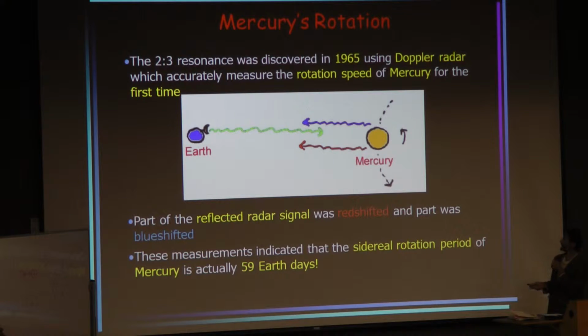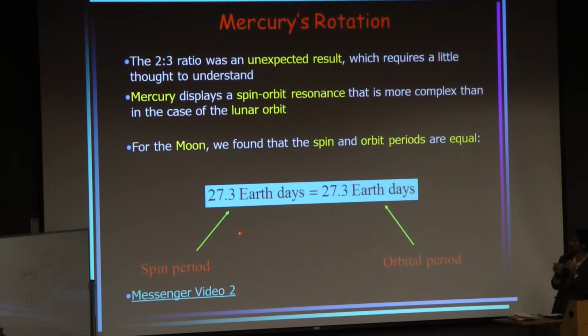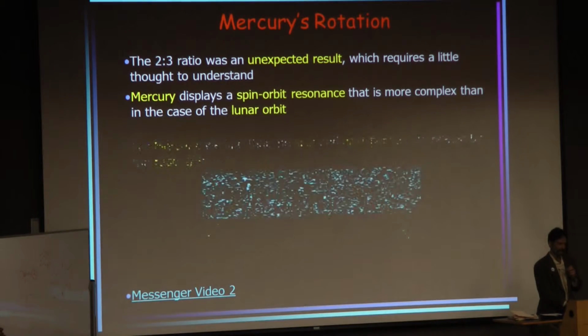What we find is that instead of having a sidereal rotation period equal to 88 days, which would be the year on Mercury, that's 88 of our days, the sidereal rotation period is actually 59 days. So we have this unusual situation where we have a 2 to 3 ratio. Looking back at the moon, the spin period is the same as the orbital period, so it keeps the same face toward the Earth.